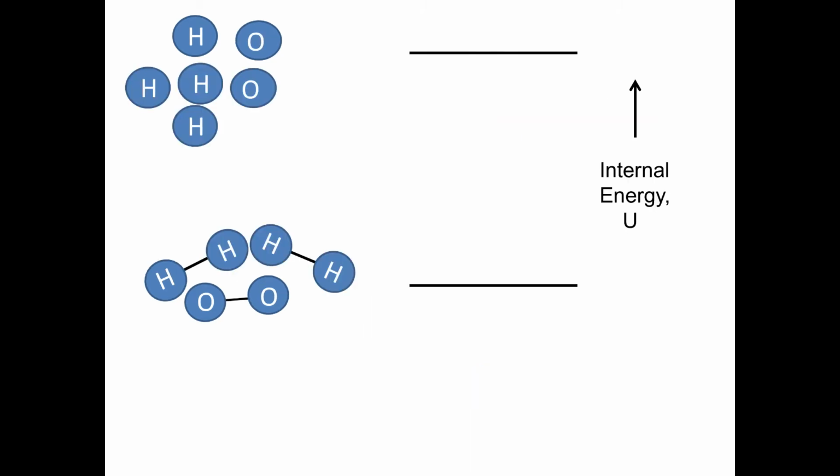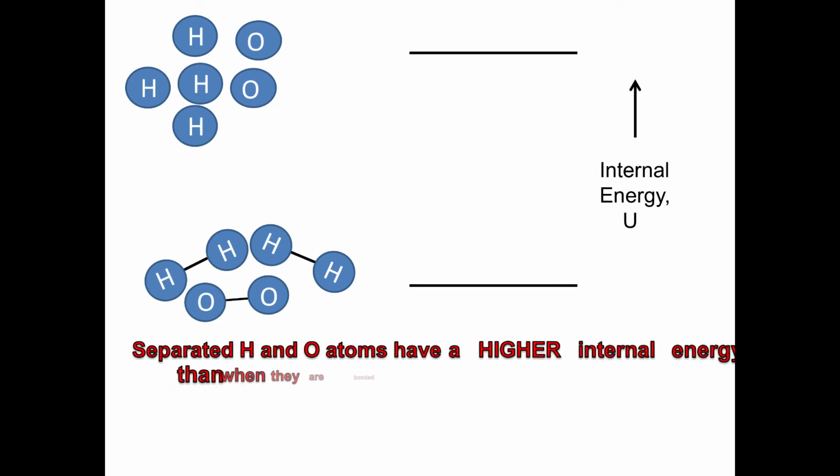So if I draw the internal energy on the y-axis and put 2 separated O atoms and 4 separated H atoms, that would be a certain value on that scale. And if I then made 2 hydrogen molecules and 1 oxygen molecule, that would be a lower energy, because you have to make bonds to go from the top to the bottom. It's a downhill process when you're making bonds. Energy is released.